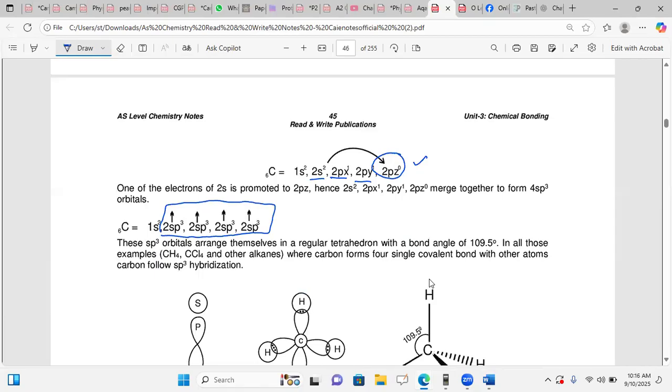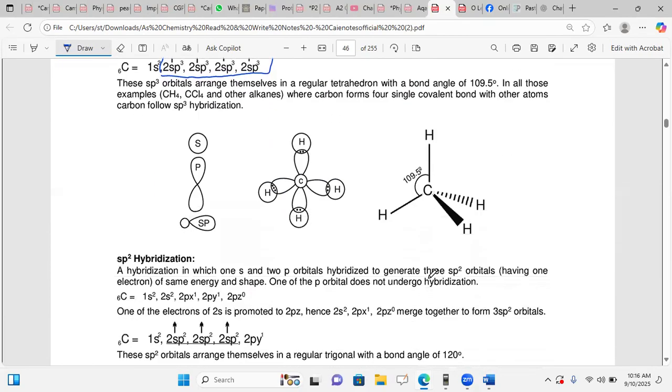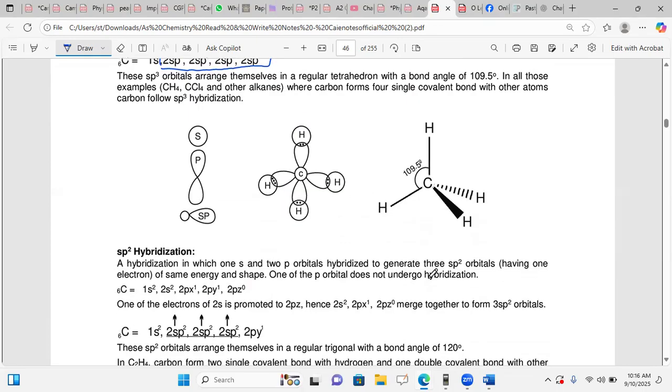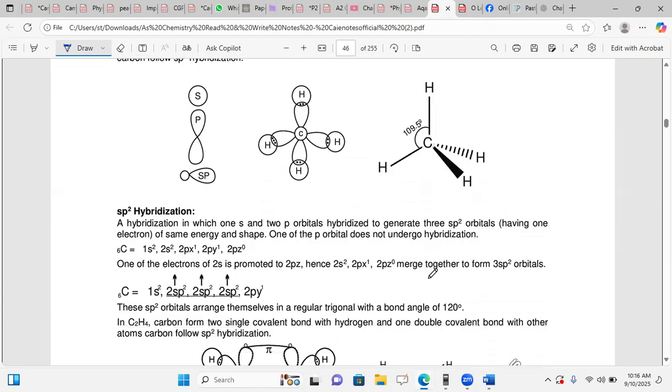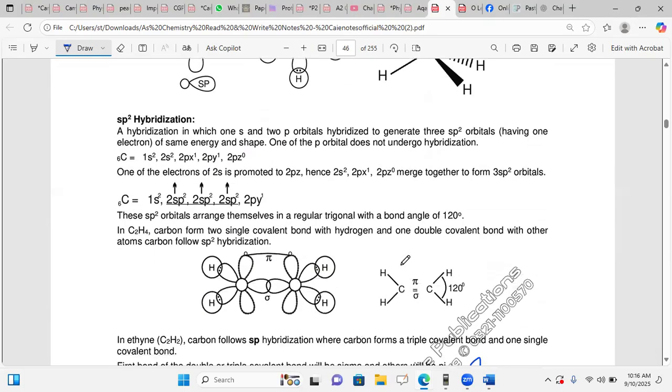Then he has taken the tetrahedral geometry for methane, with a bond angle of 109.5.